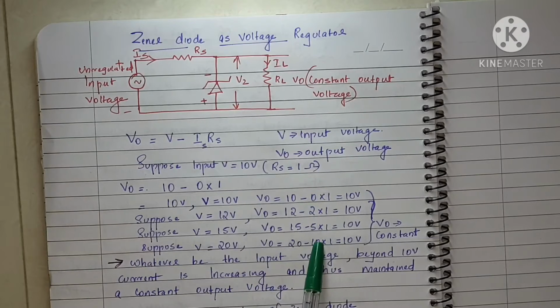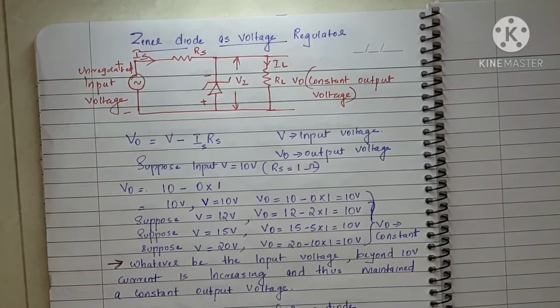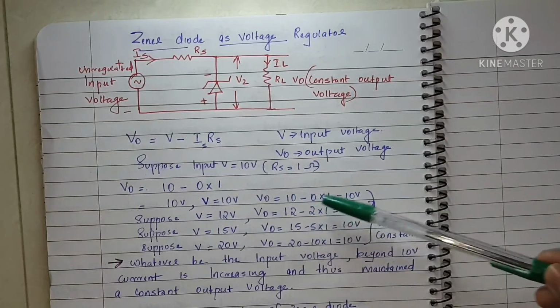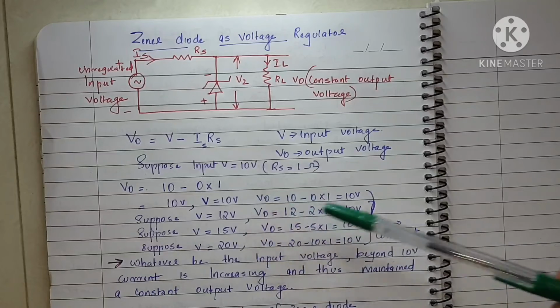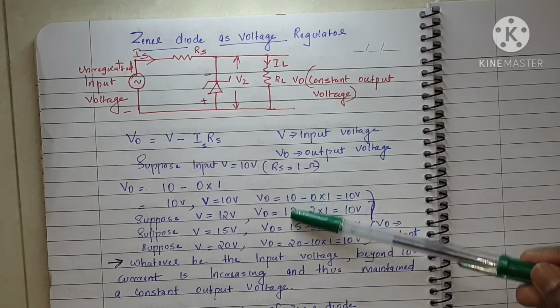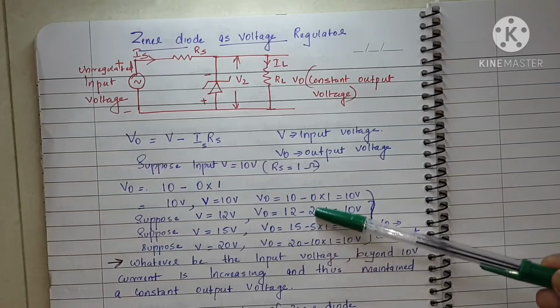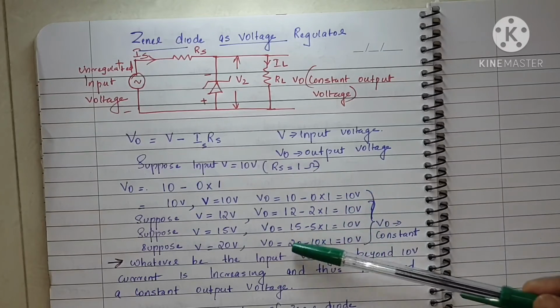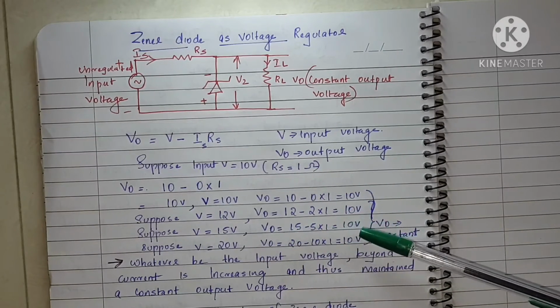This current value increases and the voltage drop, which is Is into Rs, also increases, and this increase in voltage is made constant, and thus we get a constant output voltage. According to the increase in input voltage, the current value also increases, thus the voltage drop across the resistor Rs increases and the output voltage is maintained constant. Thus it acts as a voltage regulator.